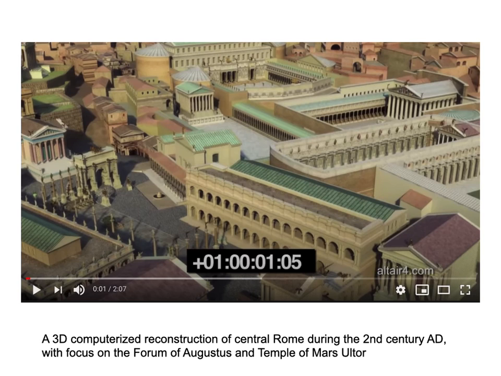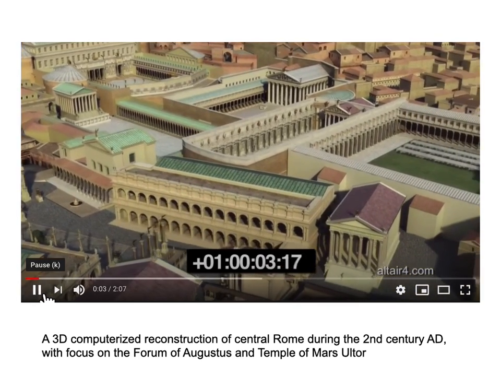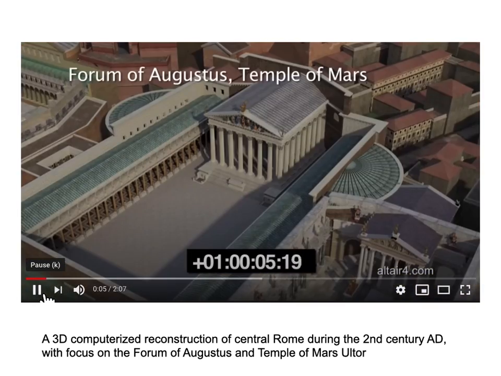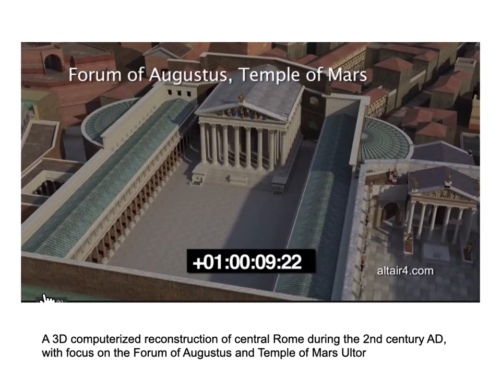Here is a 3D computerized reconstruction of central Rome during the 2nd century AD, with focus on the Forum of Augustus and the Temple of Mars Ultor in the upper right. Notice the isolation of the Temple of Mars Ultor from the outside.